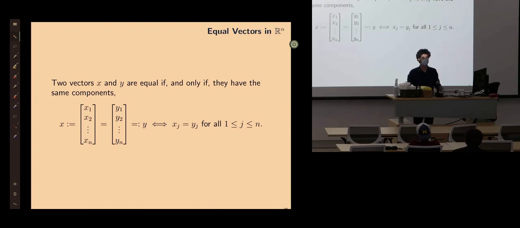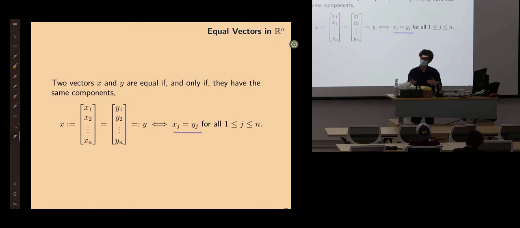Equal vectors. We had examples in Julia about matrices. What does it mean for two vectors to be equal? Well, x and y are equal if every single corresponding element of them are equal, right?